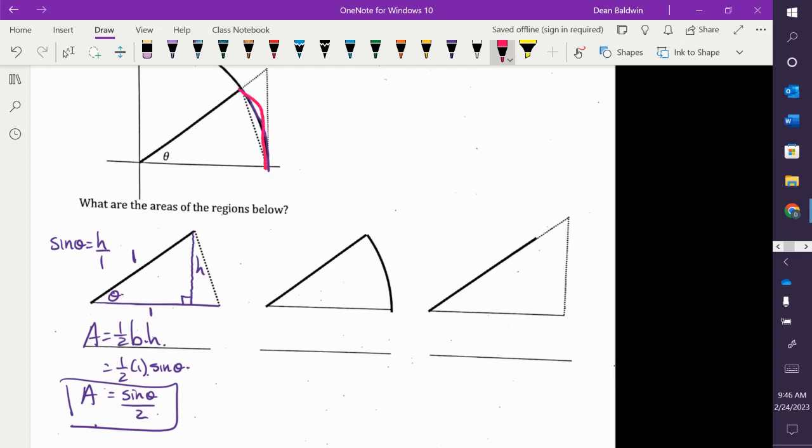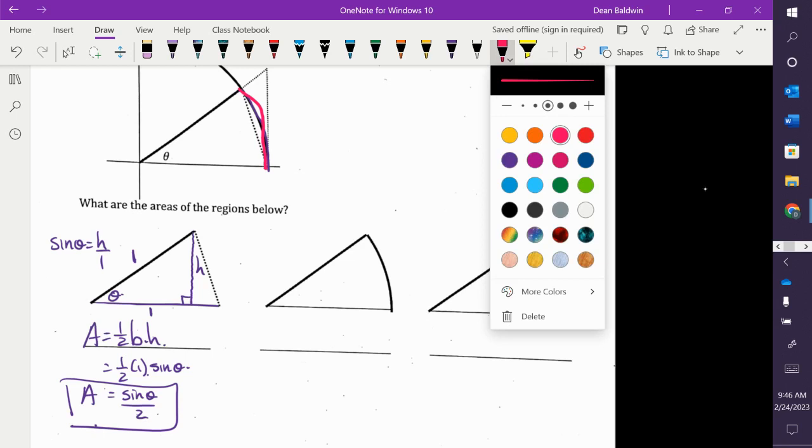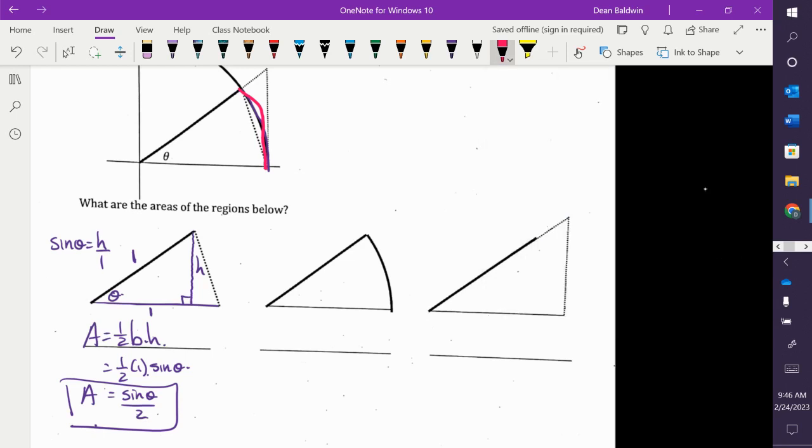So, what's the area of a circle? Formula for area of a circle? Pi r squared. So, area of a circle is going to be pi r squared. Now, this is a section of a circle, right? Like this, I could extend that. It's a full circle. That makes sense to everybody?